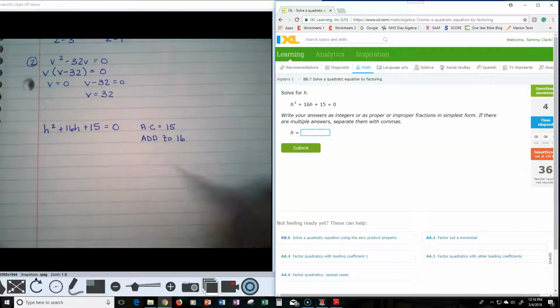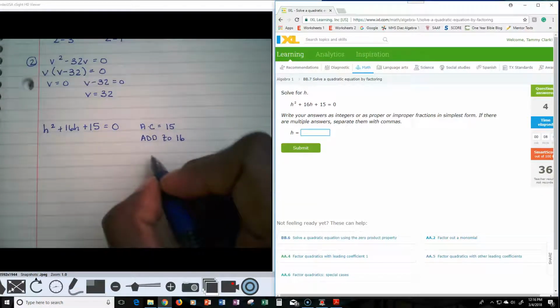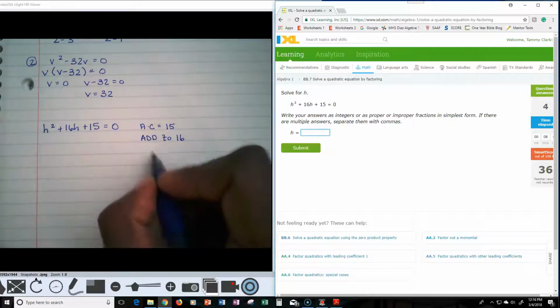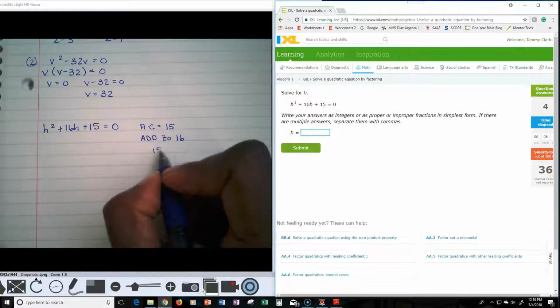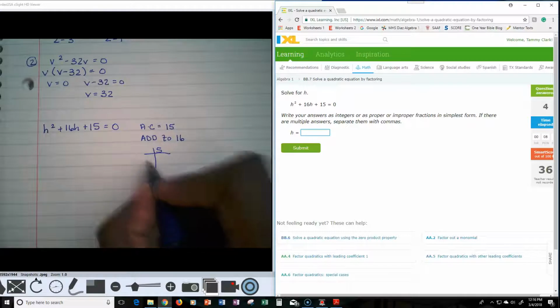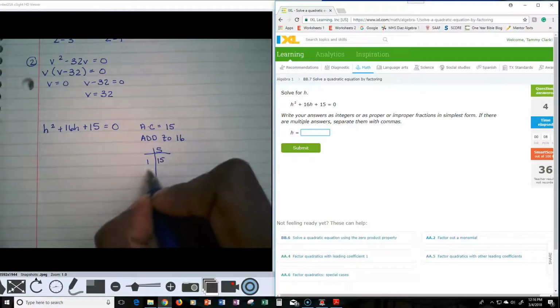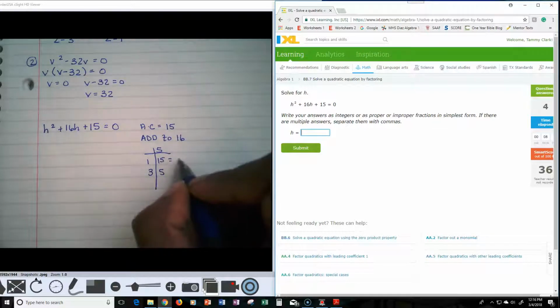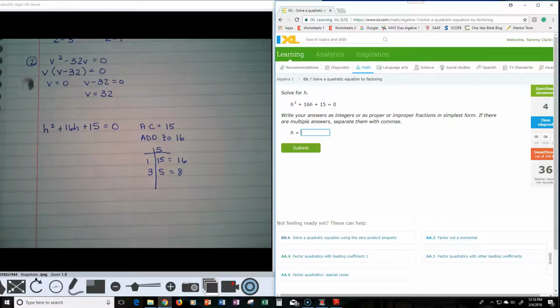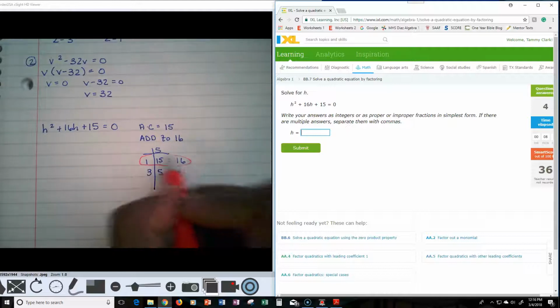So think about that. What are the factors of 15 that add to 16? Well, that's not going to be too hard because both of these are positive, so we know our factors are positive. So even if you do 1 and 15, 3 and 5, that's 16 and 8. So our factors are 1 and 15.